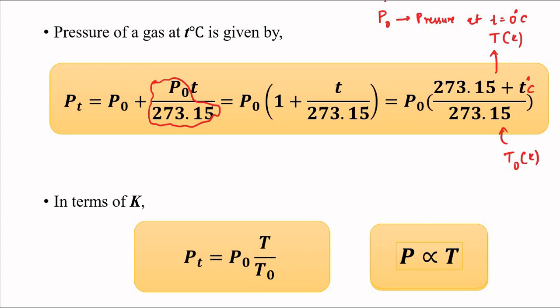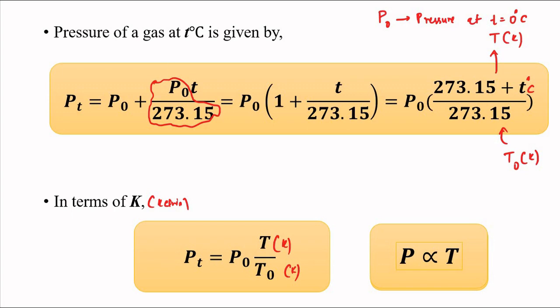So this becomes Pt equals P0 T by T0. This is all expressed in Kelvin. So here pressure is directly proportional to temperature when expressed in terms of Kelvin.